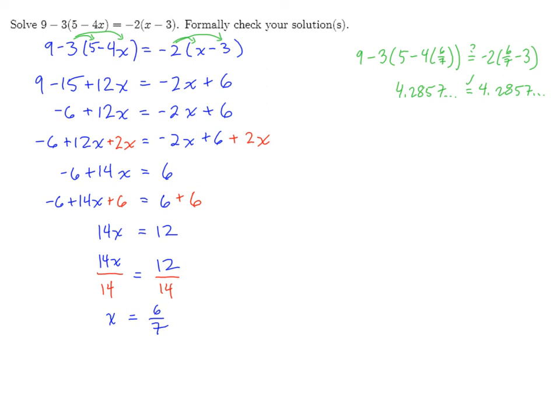So to sum that up, the solution set contains the number 6/7. So the solution set is the set containing 6/7. And again, I write the set containing 6/7 as the number 6/7 between two curly brackets.